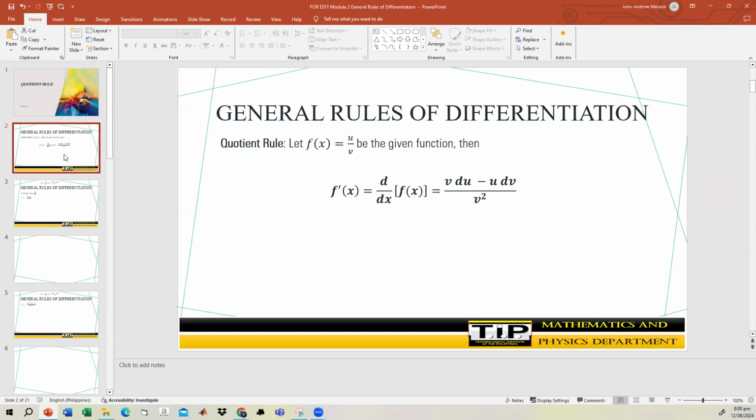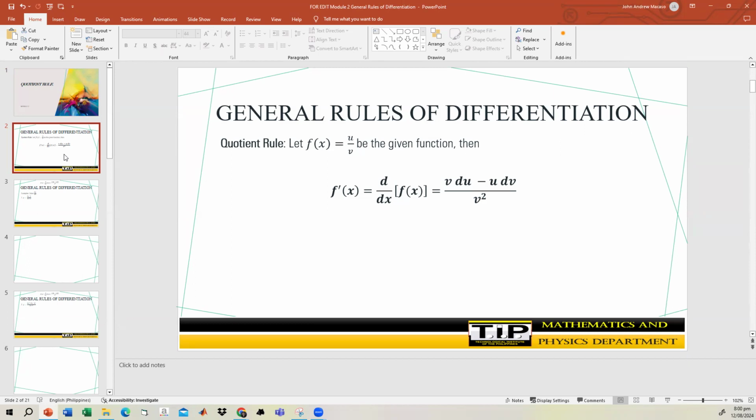So what is the quotient rule? It says here that we just need to let f of x be equal to u over v be the given function. Then it follows that the derivative of the function is equal to v du minus u dv over v squared.